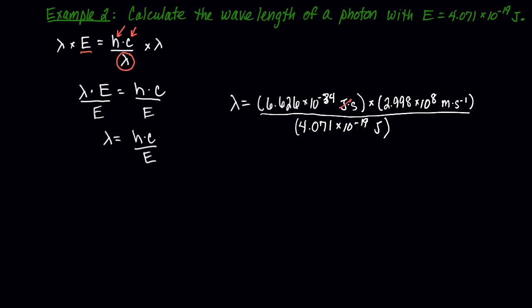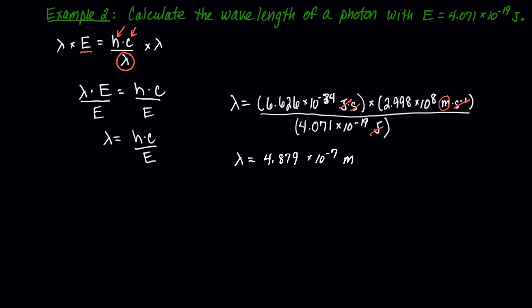Joules and joules cross out, seconds and seconds cross out, so we're left with meters, which is exactly the unit we want. If we plug this into our calculator, we should get lambda is equal to 4.879 times 10 to the minus 7th meters.